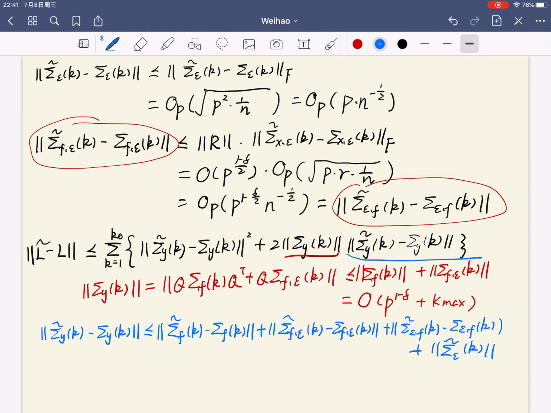We got... It remains to get the rate of this one.